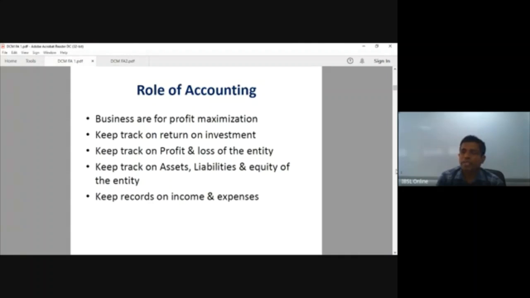All this information is provided by accounting. Keep track of profit or loss of that entity, whether we have profit or loss, that is also provided by accounting. Then keep track of assets, liabilities, and equity of the entity, right? Then keep records of income and expenses. This is the role of accounting, right?